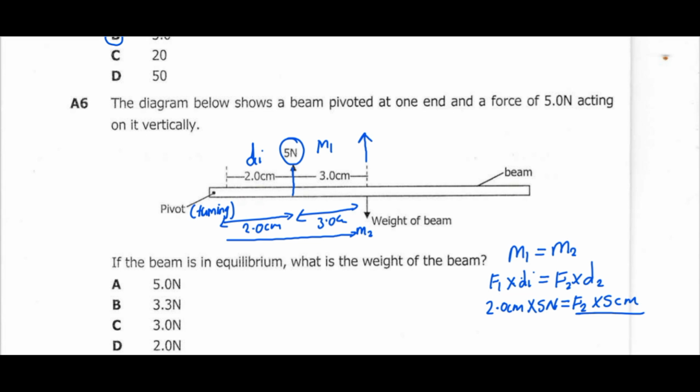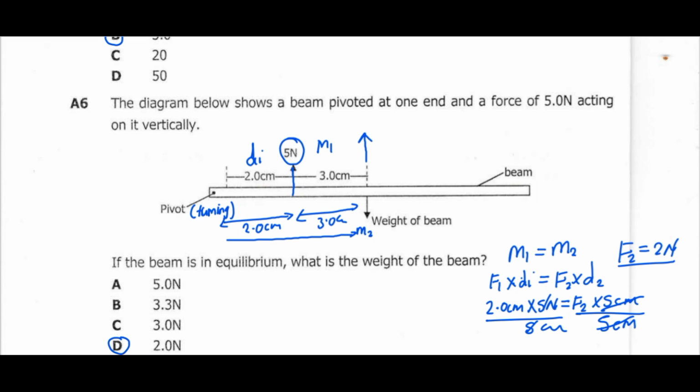So if we divide by 5 centimeters, also here by 5 centimeters, we cancel 5, then force 2 will be just 2 newtons. So this is our answer, which is D.